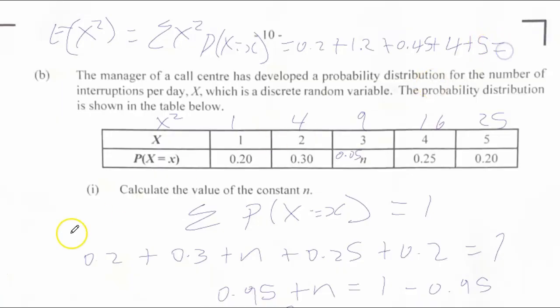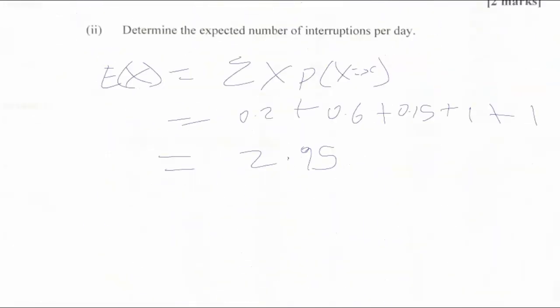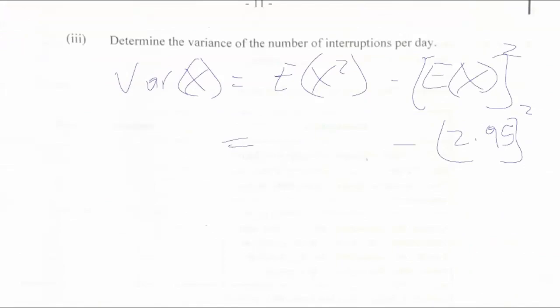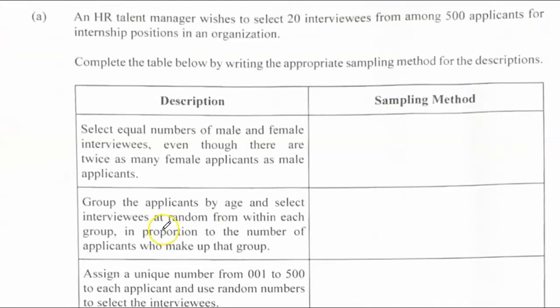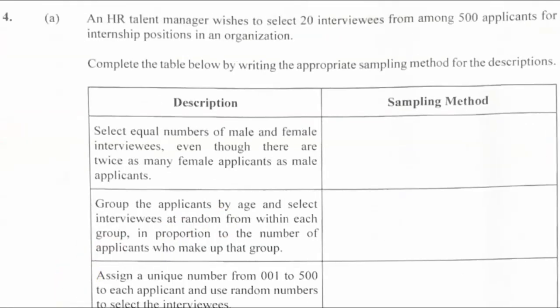So we add all of these values and we get 10.85. So E of X squared is 10.85. So what we have is 10.85 minus 2.95 all squared. That's 2.15. The variance is 2.15. Let's move now to question 4.